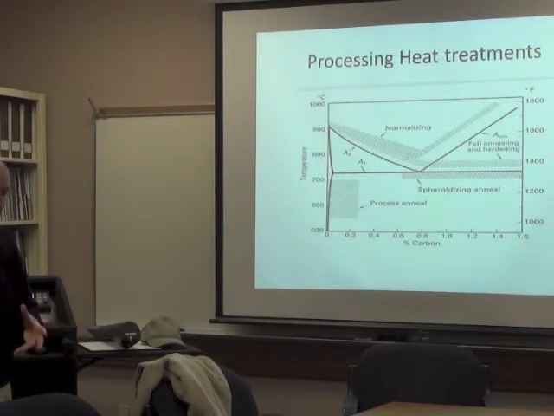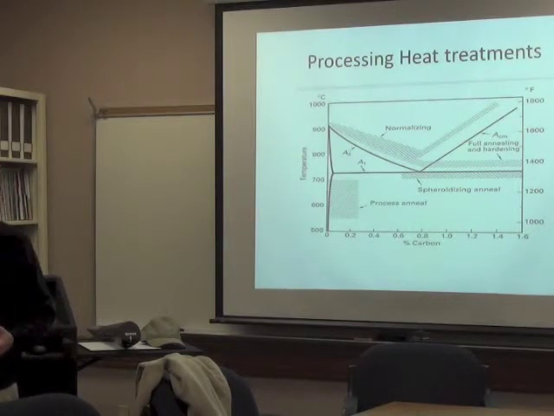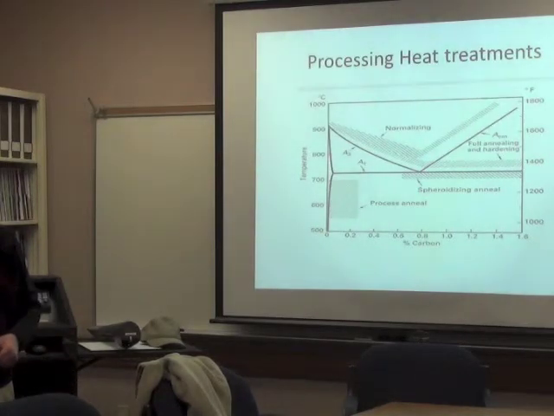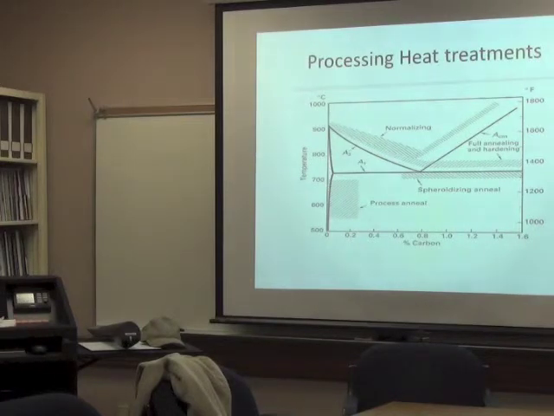It's very hard, very strong. Unfortunately, it's very brittle. So then you have to reheat it to relieve the stresses and let the carbon diffuse out of that unstable microstructure and make a stable structure. That's called tempered steel.